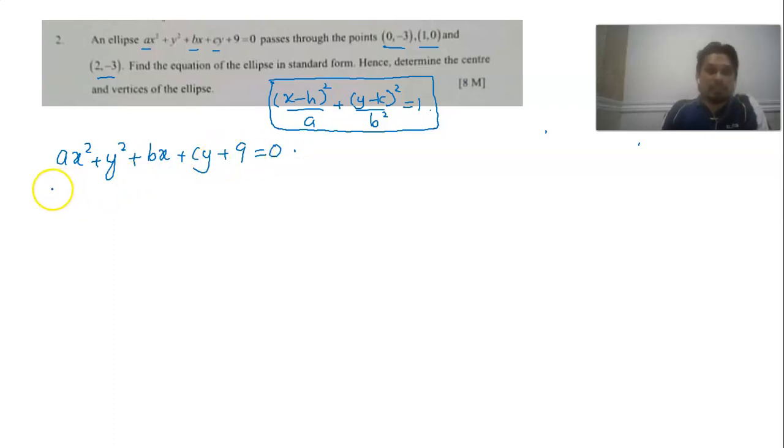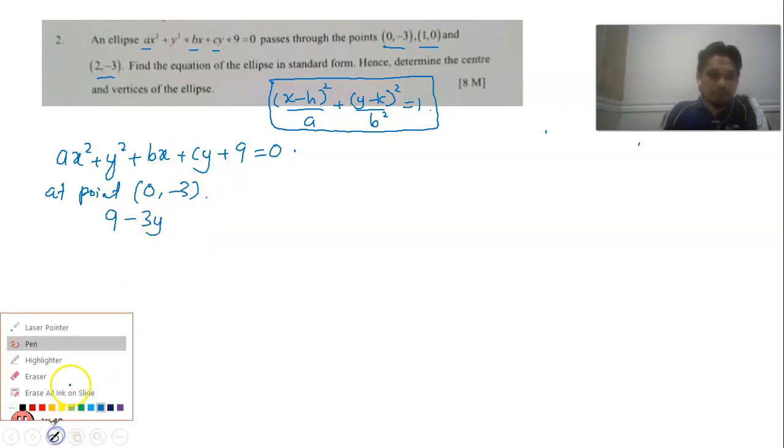Okay, at the point 0 and negative 3. So x equal to 0, and y equal to negative 3, negative 3 squared equal to 9, bx equal to 0, cy gives negative 3c.